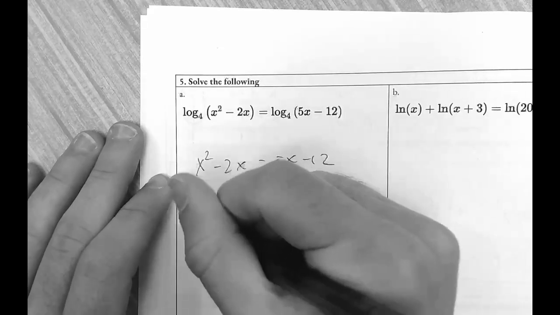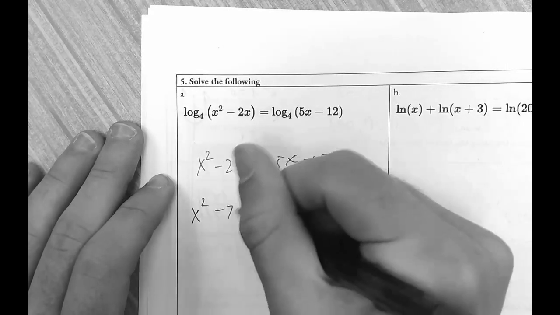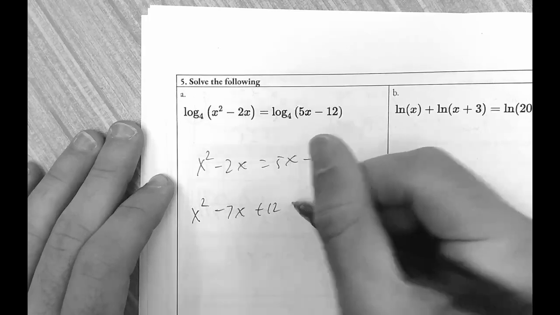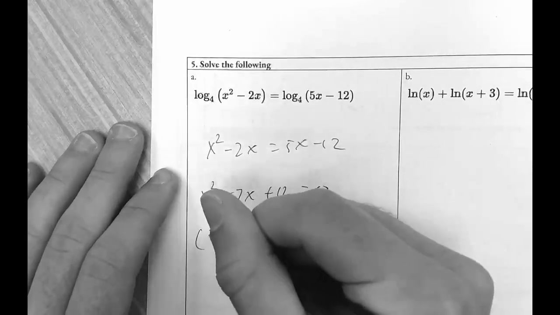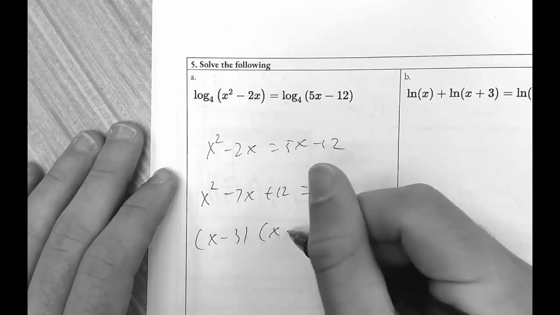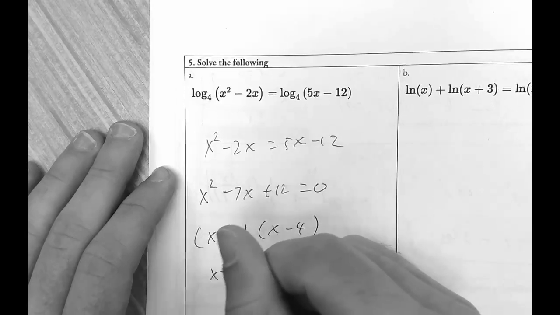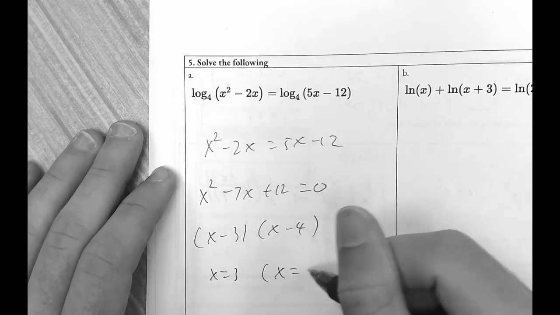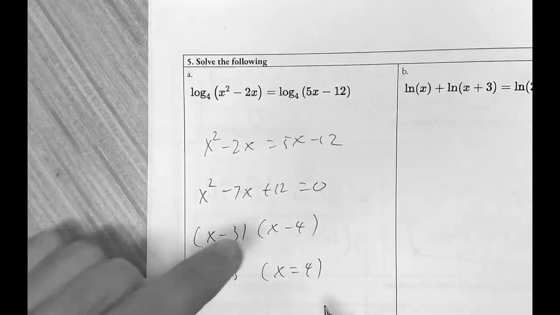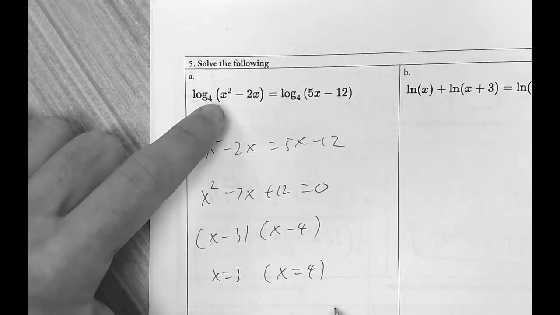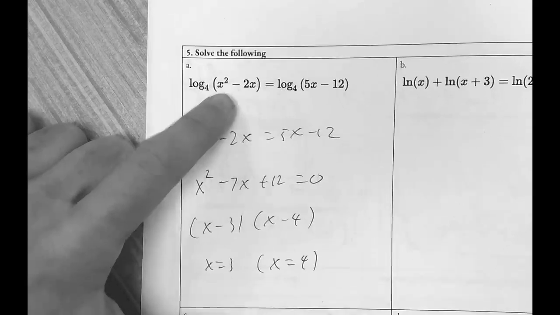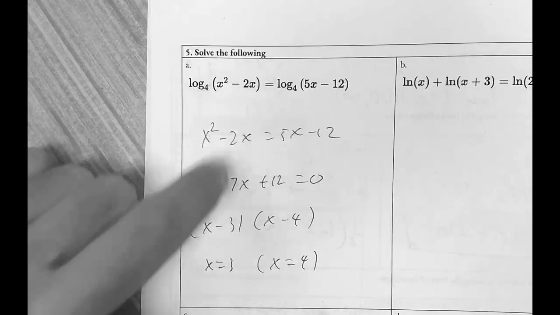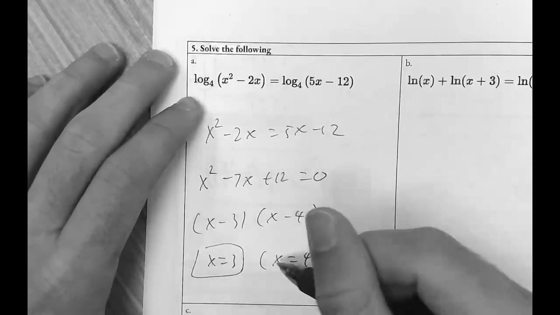Set equals 0. We're going to get x squared minus 7x plus 12 equals 0. Then x minus 3 and x minus 4. And so x equals 3 and x equals 4. And so you want to make sure, okay, when I plug these in, do I always get positive values? No 0, no negatives? Yes, I do. So these are good.